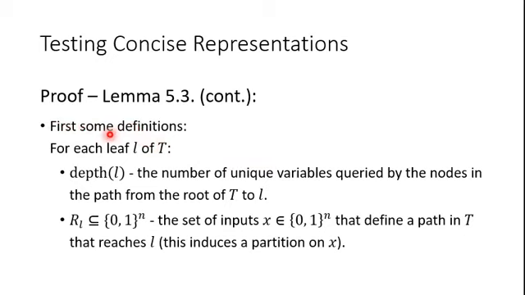So first, some quick definitions. For each leaf L of T, we will define depth(L). This will denote the number of unique variables that are queried by the nodes in the path from the root of T to the leaf L. And R_L, which is a subset of {0,1}^n, is going to be the set of inputs x that define a path in this tree T that reaches the leaf L. Notice that this induces a partition on x, because more than one x can reach this same leaf.